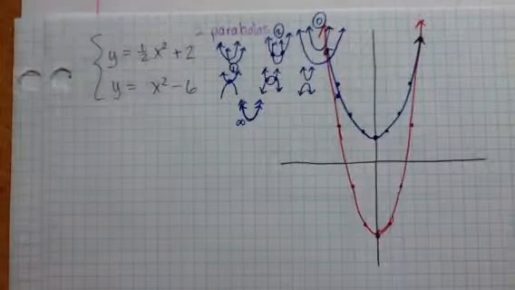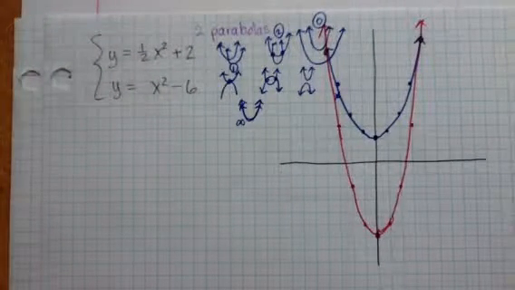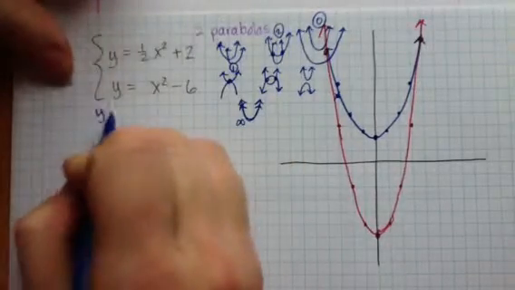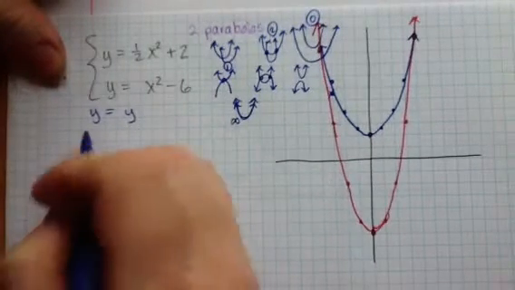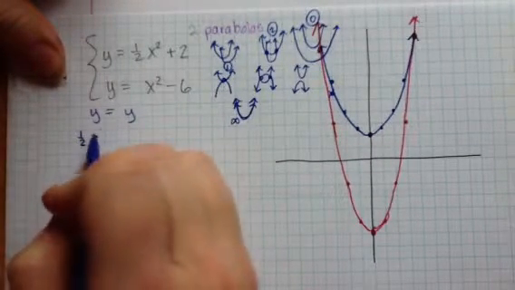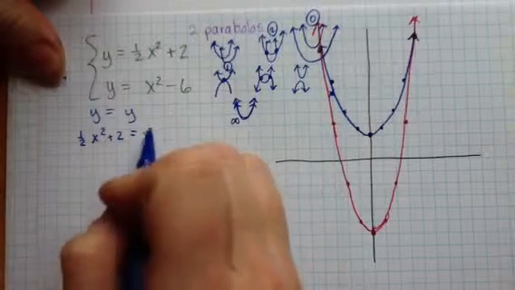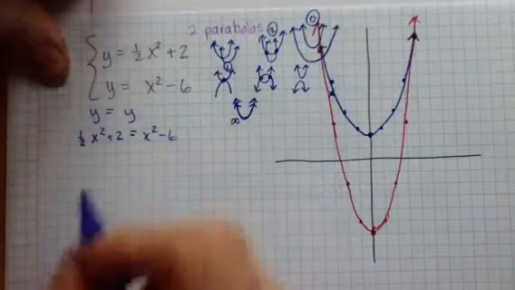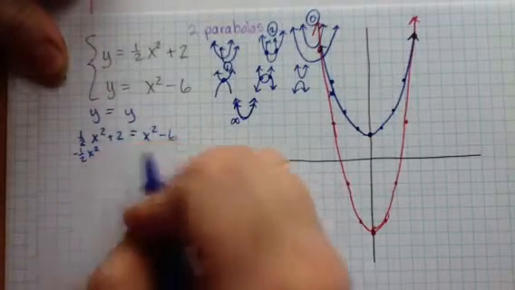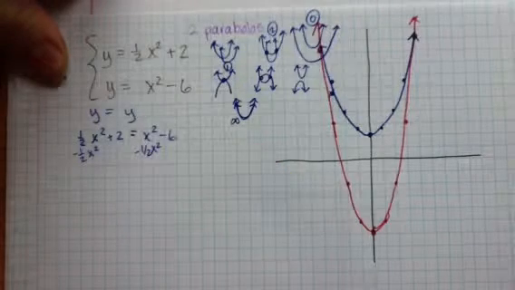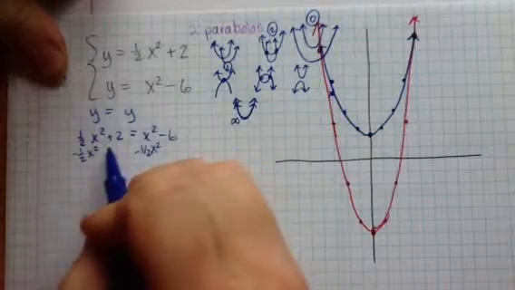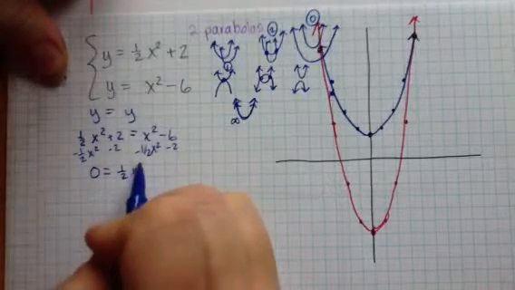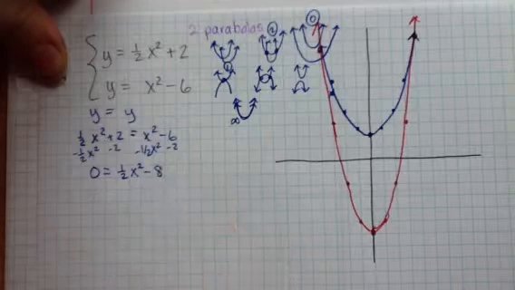Let's go ahead and solve these algebraically. Again, with that same strategy, since I have y equals and y equals, we'll just set the two equal to each other. So I have 1/2 x squared plus 2 equals x squared minus 6, and we'll solve for x. I'll subtract my 1/2 x squared, and subtract my 2, so I get 0 equals 1/2 x squared minus 8.